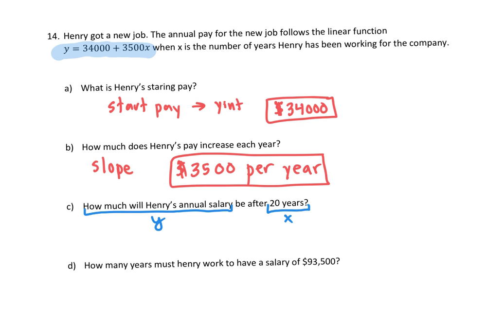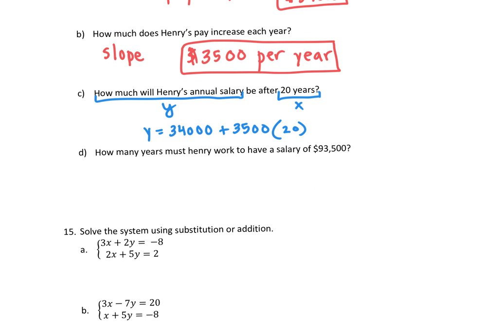So my y value is equal to 34,000 plus 3,500 times the 20. If you do the math on that, you will get $104,000. So after 20 years, his pay is going to be $104,000. Pretty good.